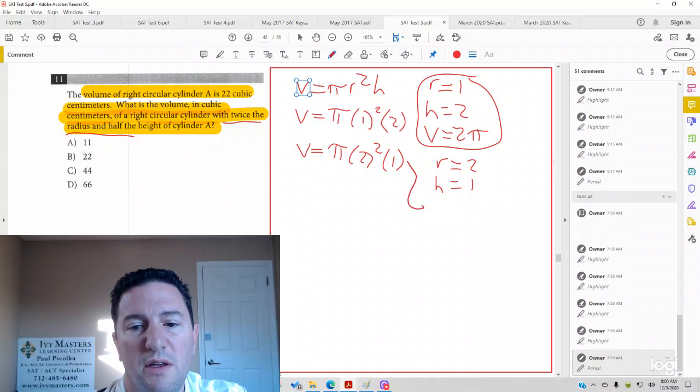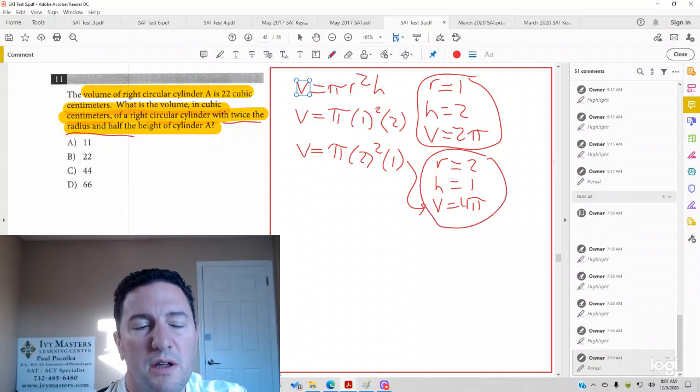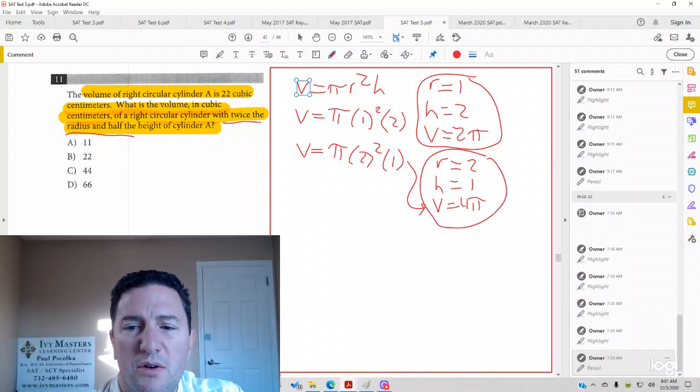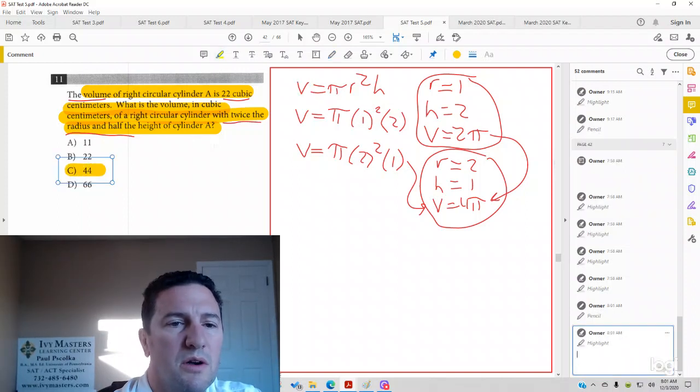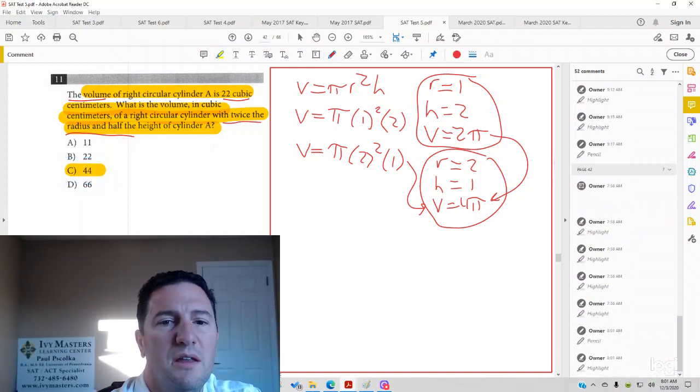And what I find is that my new volume is 4 pi. Circle those together. Notice what happened to the volume. It doubled. So, in other words, if my volume was 22 cubic centimeters, my new volume is going to have to be 44. Done.